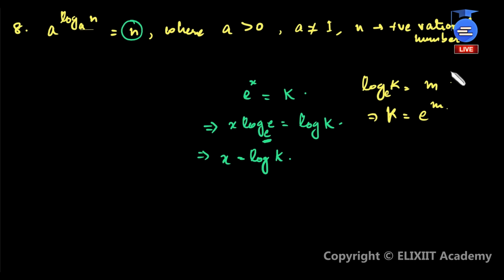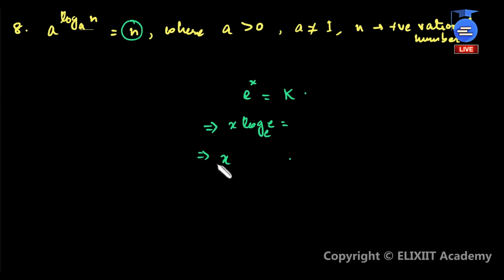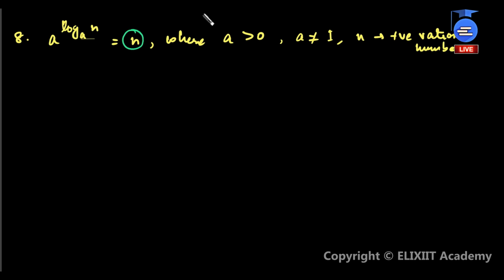This is the main thing, and we have discussed it quite a few times. The proof is not so important. The formal proof is actually very easy. If you want to see it, simply take log on both sides of this expression.